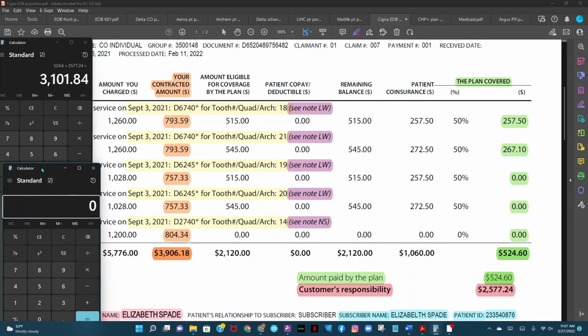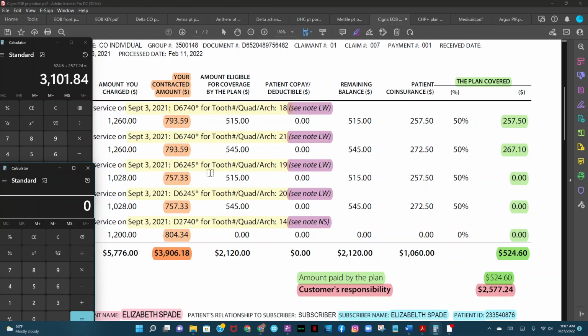All right. Let's grab another calculator here. Now, as you can see, the total contracted amount that we have over here is 3,906.18. We're going to subtract the 3,101.84, equaling 804.34.